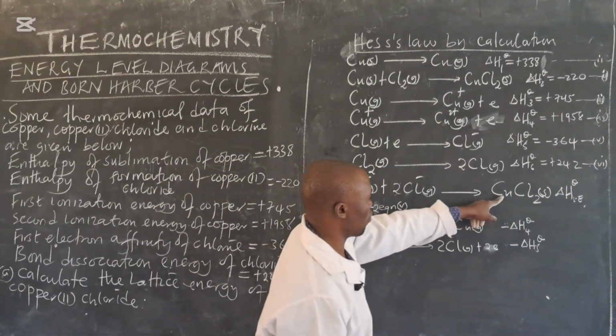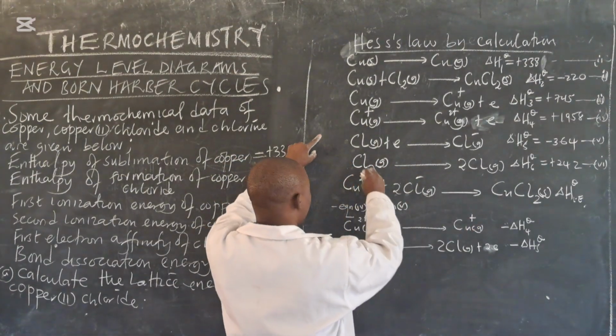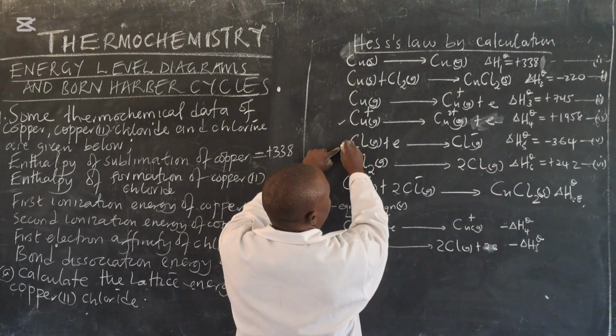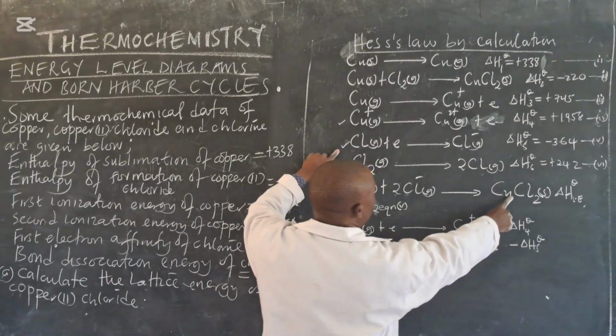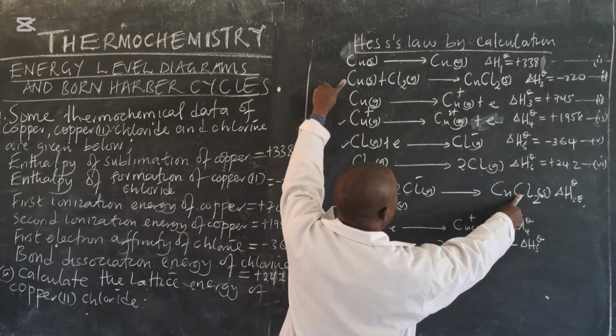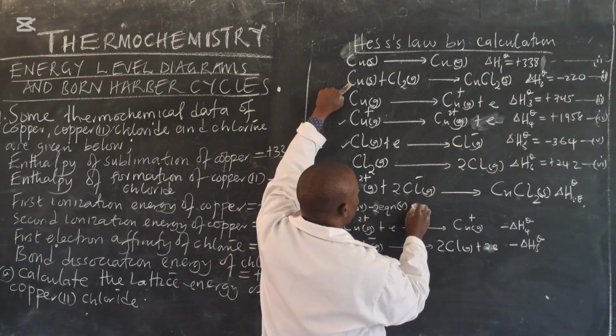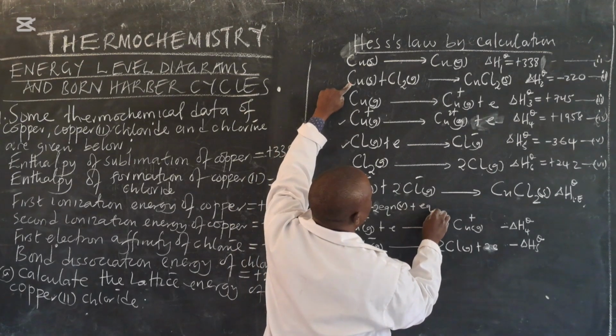I can also observe this one. So I've dealt with equation 4, and I've also dealt with equation 5. Copper 2 chloride appears on this equation here, so I can bring this down. I'm not reversing that, so plus equation 2.